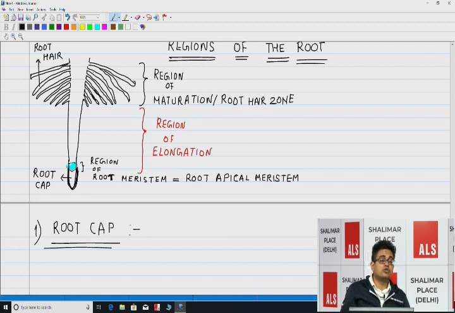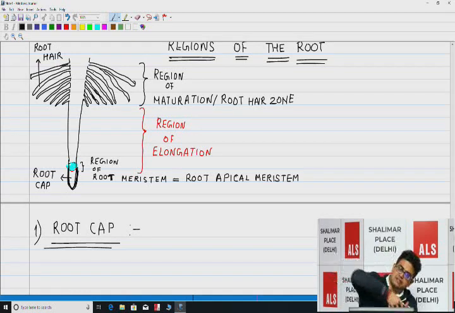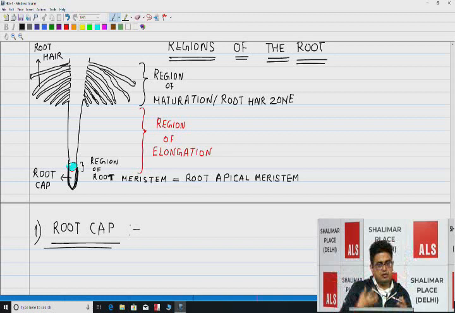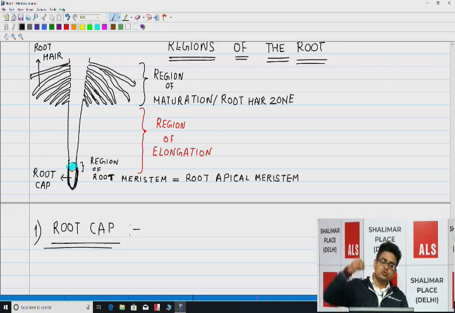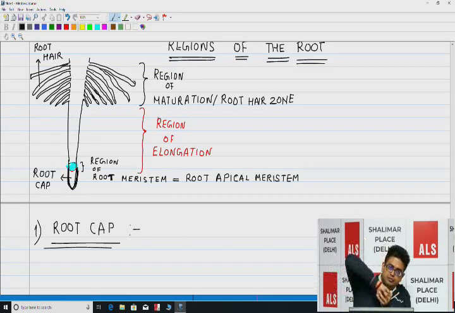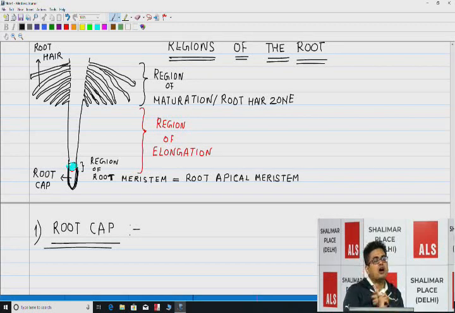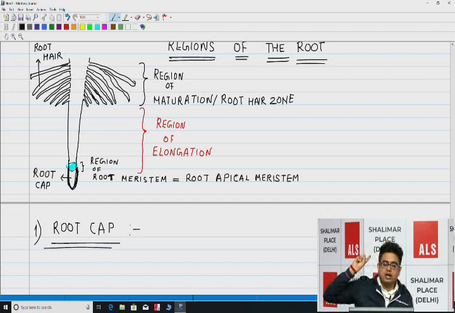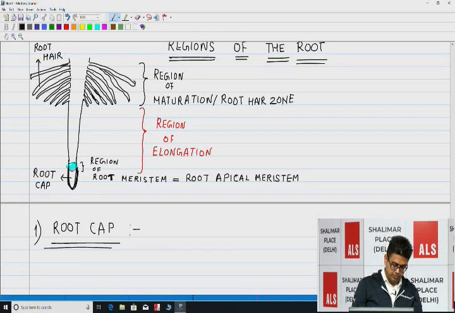Therefore, the root will have to face some resistance, friction and damage. To protect those especially delicate cells, root apical meristem cells, a helmet shaped structure or a zone of hard resistant cells is formed, called the root cap.